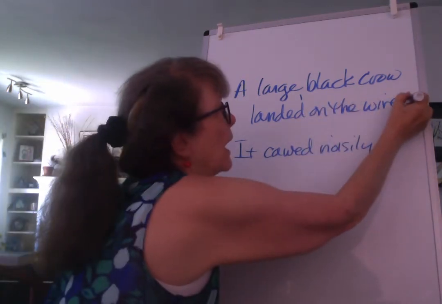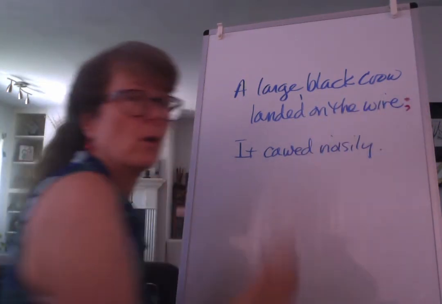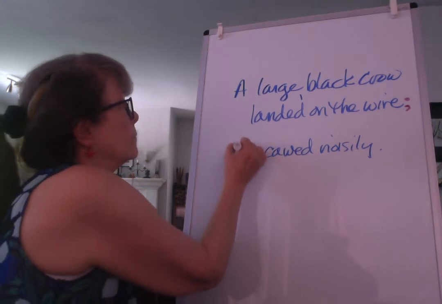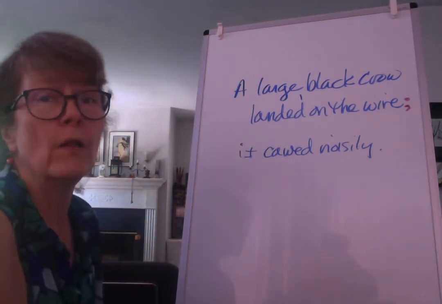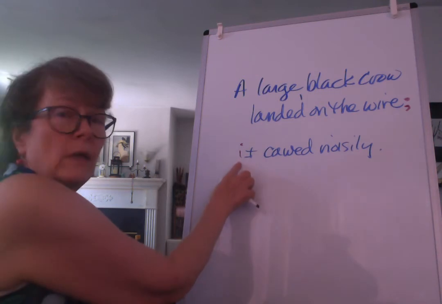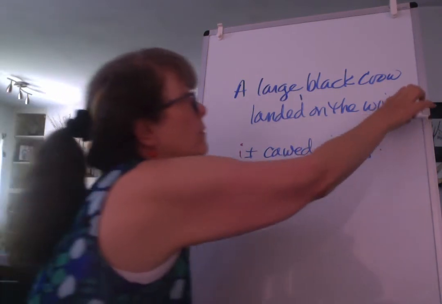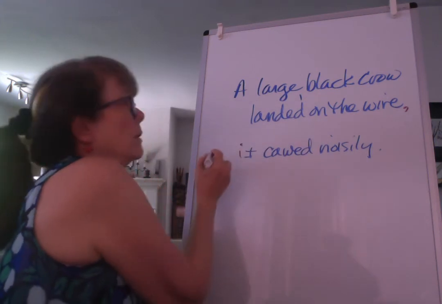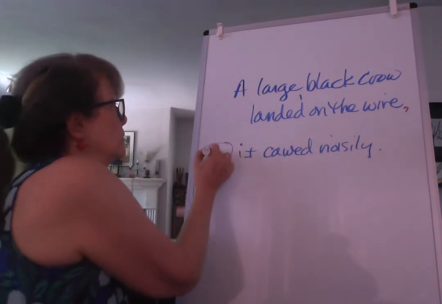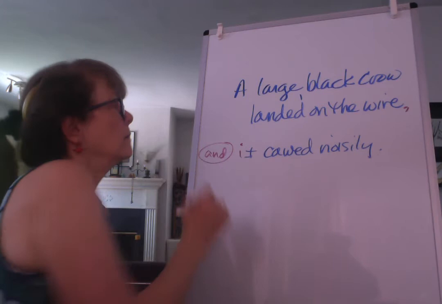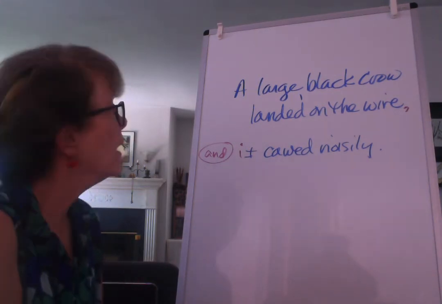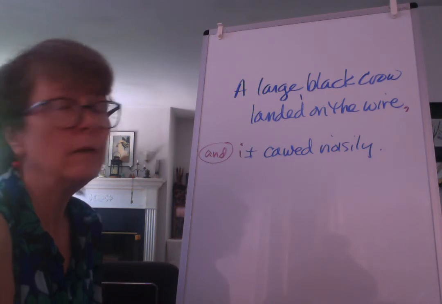We could add a semicolon and say, a large black crow landed on the wire; it cawed loudly. Or we can add a comma and a coordinating conjunction, like and. A large black crow landed on the wire, and it cawed noisily.